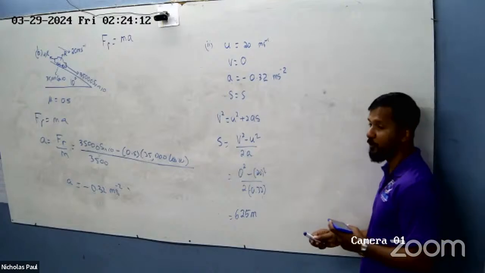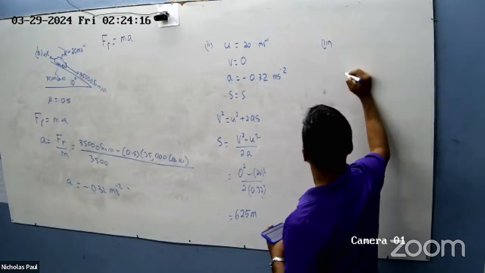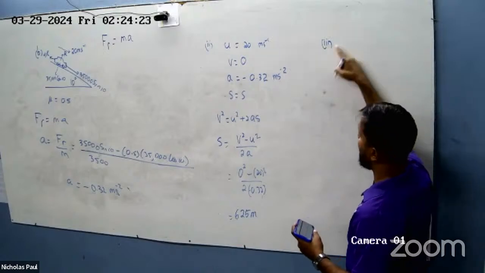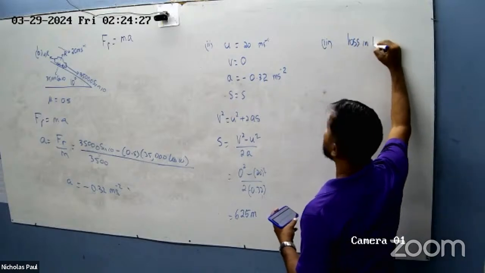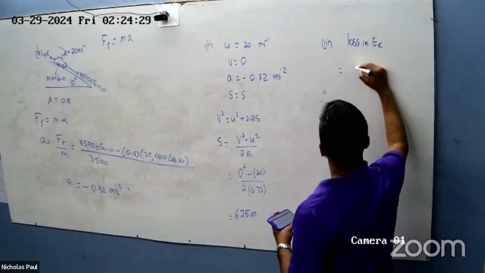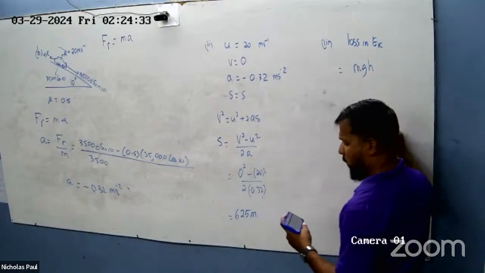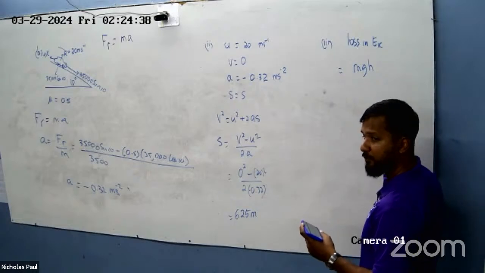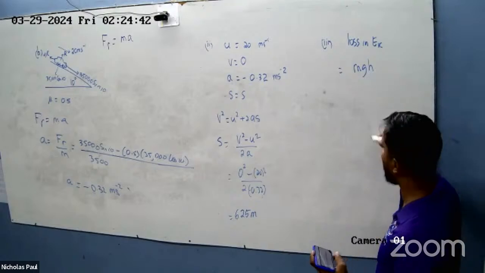A half mv squared. So part 3. We know that the loss in kinetic energy is equal to, you can just use mgh as well, because remember, it drops a height.